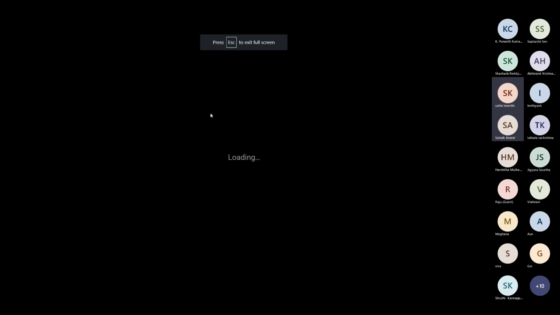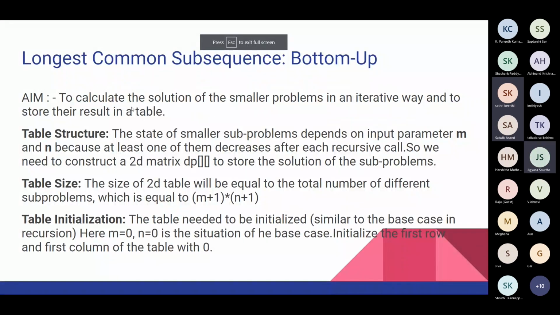So, for the bottom-up approach, the first aim is to create the solutions of the smaller problems in an iterative way so that you can store the results in a table. First, you need to think of the table structure.